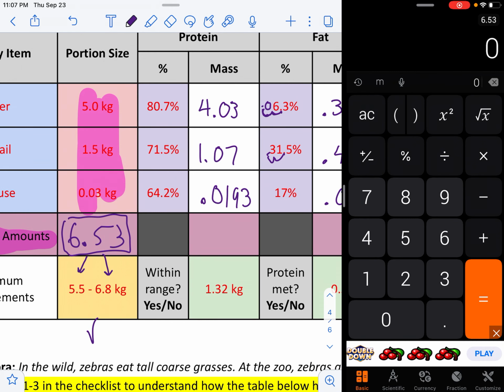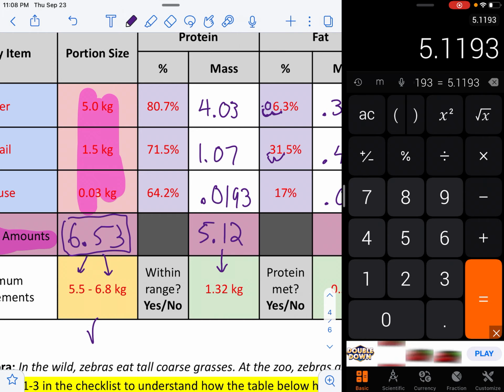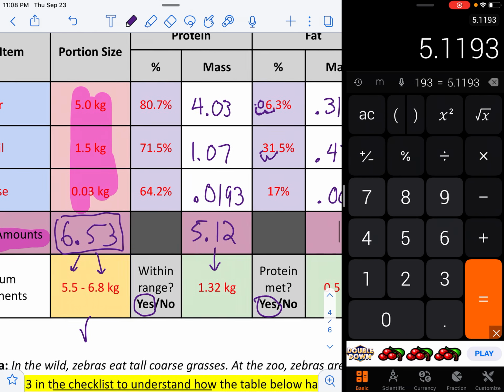I have to total the protein. So 4.03 plus 1.07 plus 0.0193 equals 5.12, doing a little rounding. Now, is this value greater than the protein listed? Yes. Oh, sorry, I forgot to fill this out too. This is a yes, it's within the range.